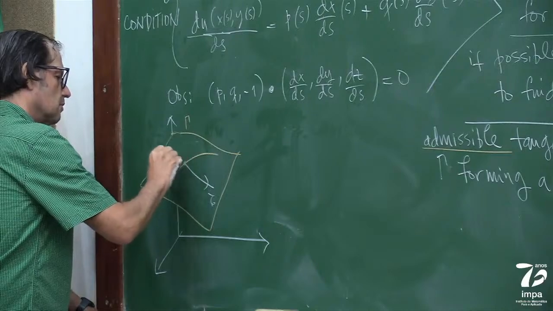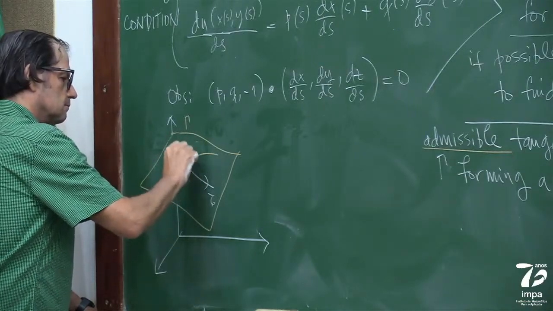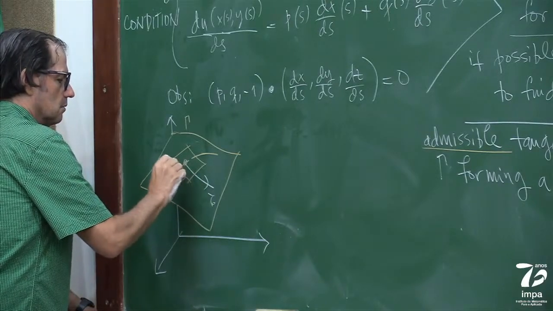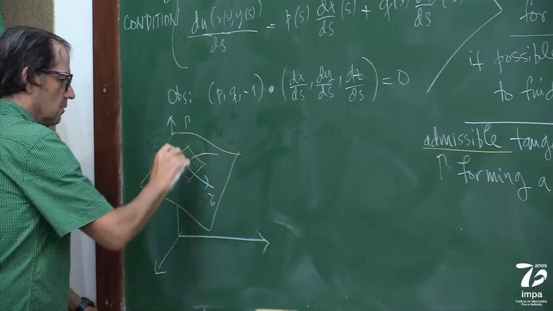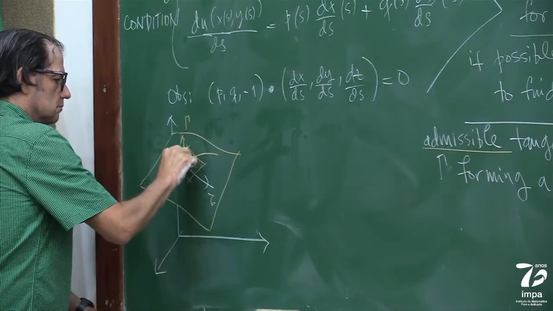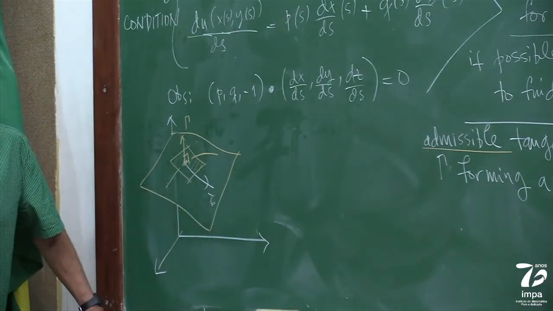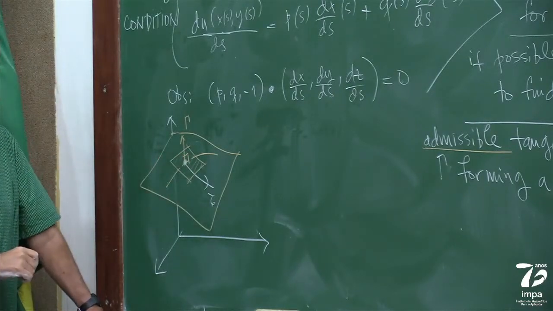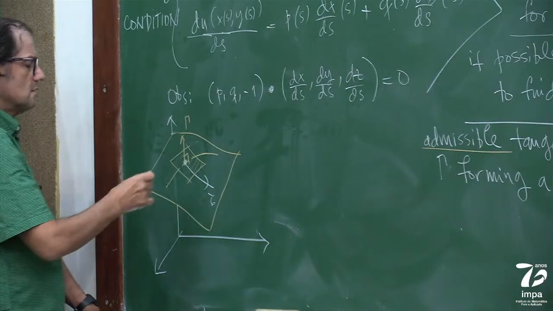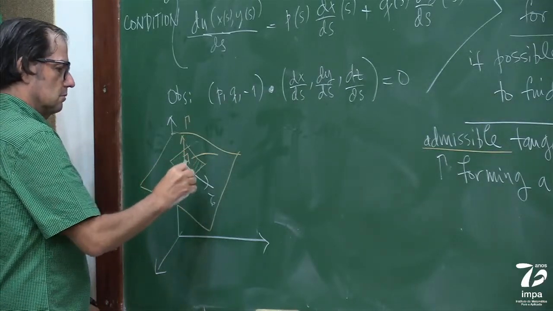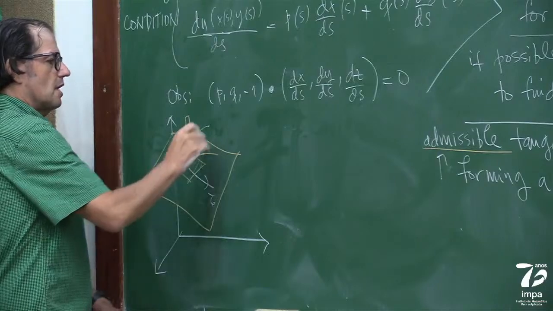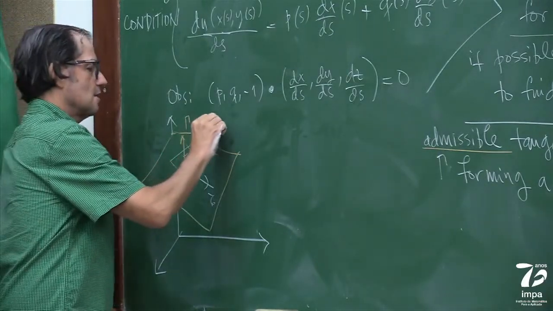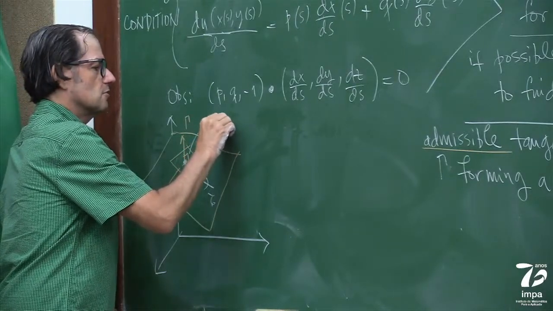And at this place here I have a plane. This plane is tangent to the surface at the point P0, expressed by this guy here. Let me say if it's S0, it's like this.